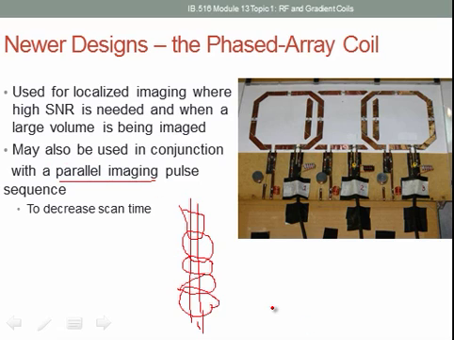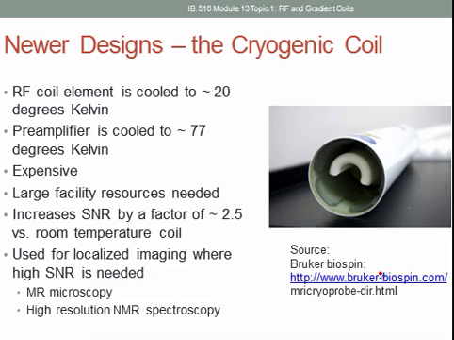So if you want to take a scan faster, you can use the signals from each of these coils to fill up K-space quicker. And parallel imaging is, again, its own branch of MRI, so I can't really get into it here, but I just want to make you aware of the 2 main functions of the phased array coil.